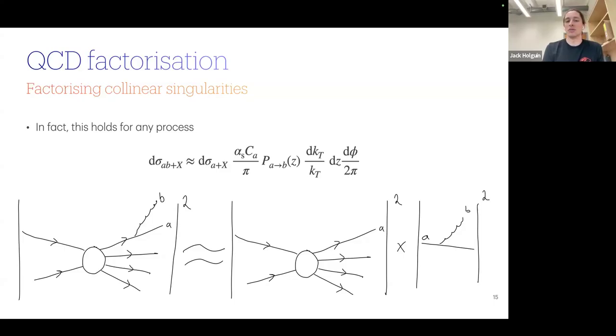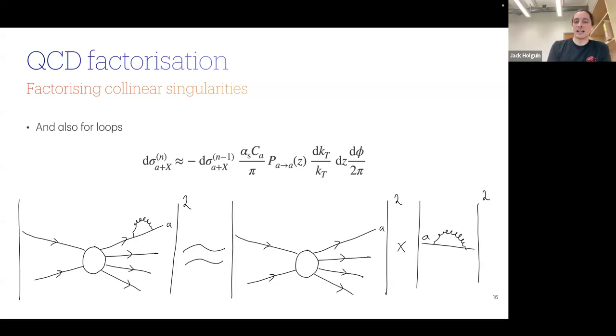And one of those particles we've labeled as A, and the other one we've labeled as B. If we calculate the squared matrix element for that, that's the cross section, and take the limit that B goes collinear to A, it will always factorize into the squared matrix element as if B wasn't even present, times this probability for A to emit B in the collinear limit, which is given by this splitting function P. And quite amazingly, you get the exact same result if you also considered a loop, just with a minus sign relative to the previous one.